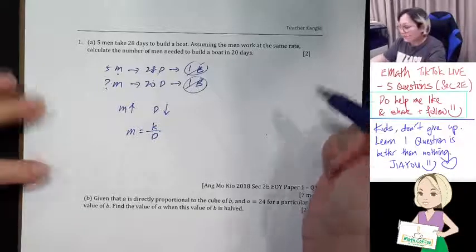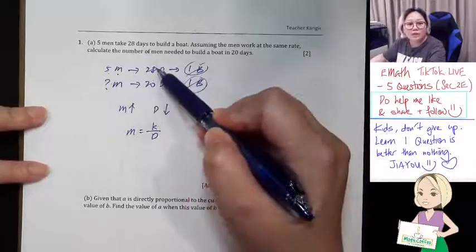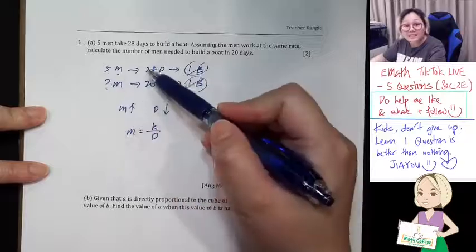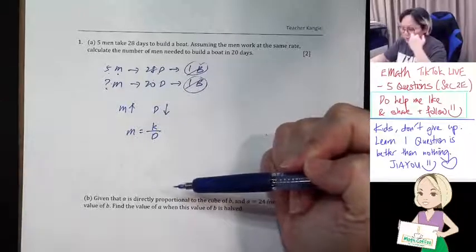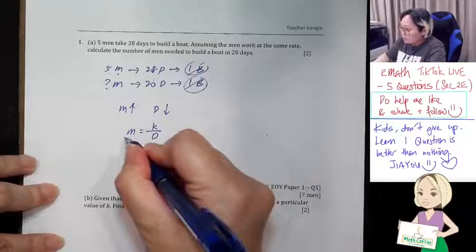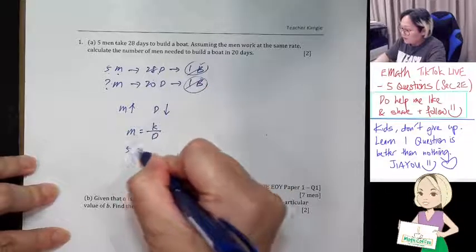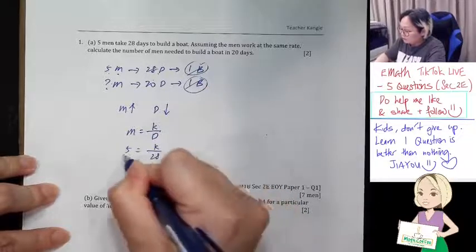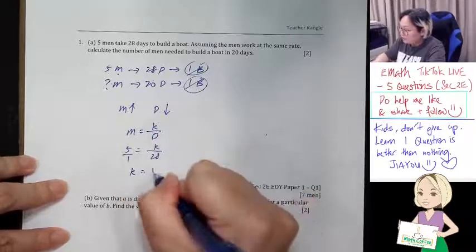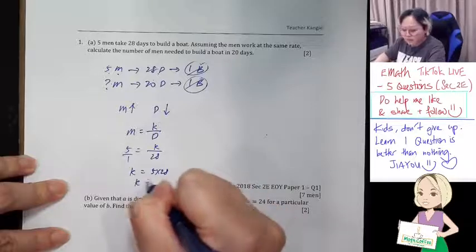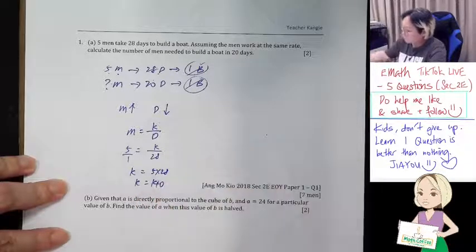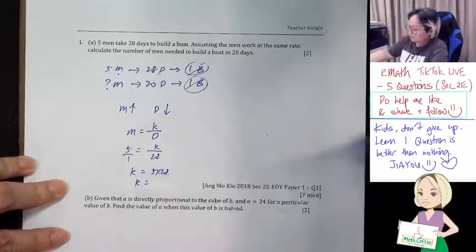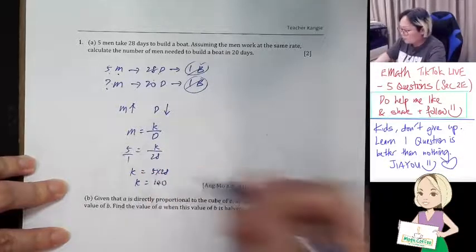I'm given the information of 5 men and 28 days, so I'm going to use this to solve for K. This is Sec 2 express. So I sub in 5 men, 5 equals K over 28, and K is equal to 5 times 28, so K is equal to 140. I write very untidy, I'll rewrite: 140.